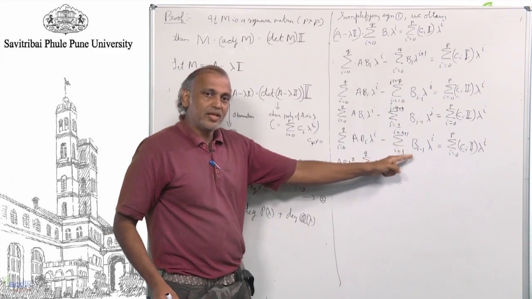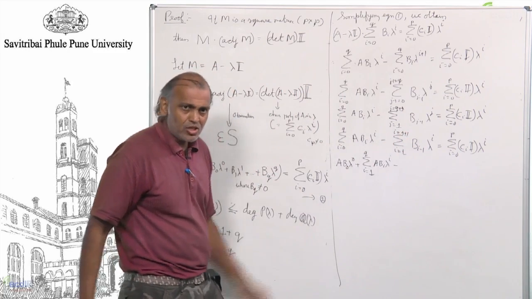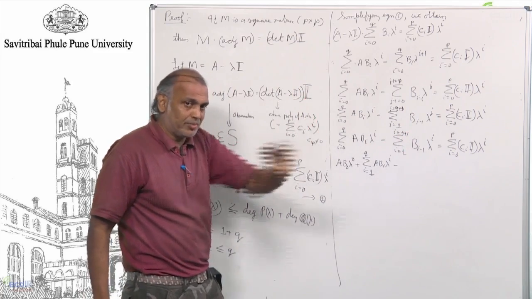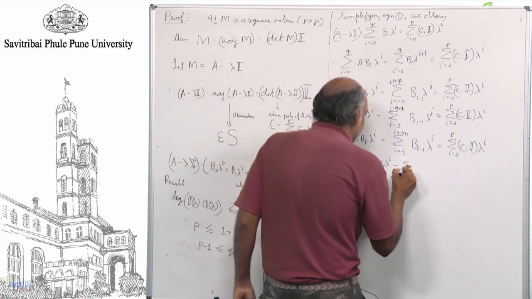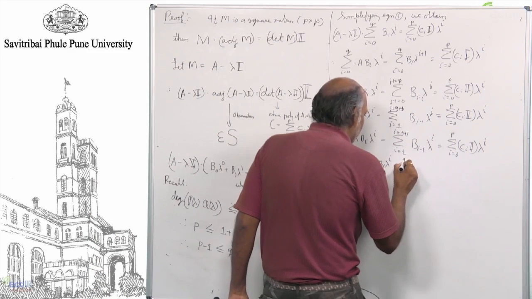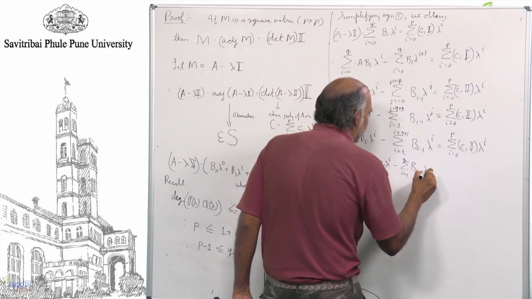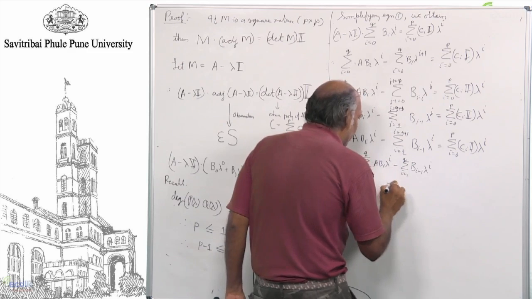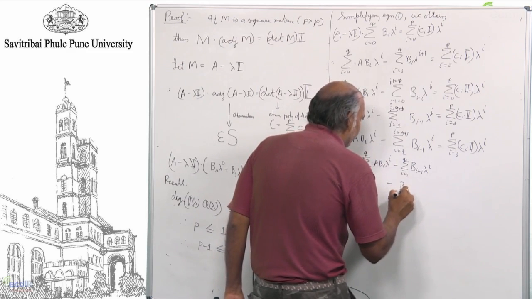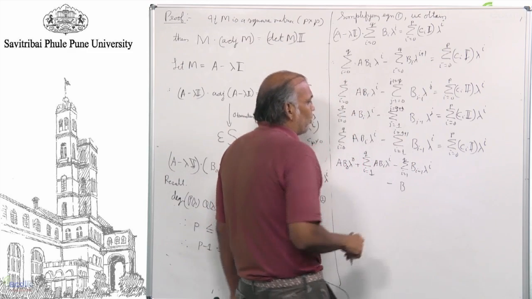You have a q term and a q plus 1 term, which is not there here. So let me list that q plus 1 term separately. Sigma over I equal to 1 to q of b I minus 1 lambda to the power I, and I have to put a minus sign, b I equal to q plus 1.